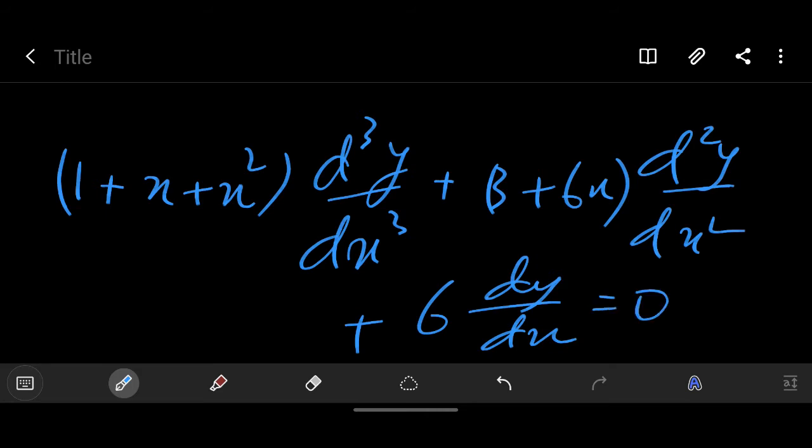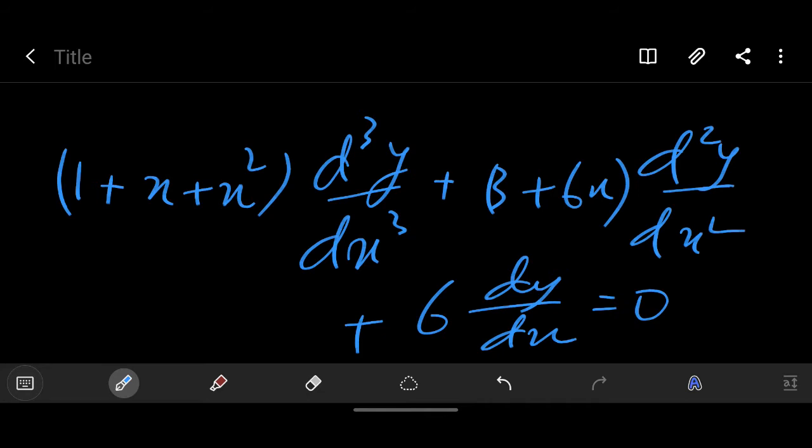So we are asked to solve this differential equation. Like we always say, solving a differential equation is not easy. Here what we need to solve for is y. So what value of y should we put to make this differential equation 0?